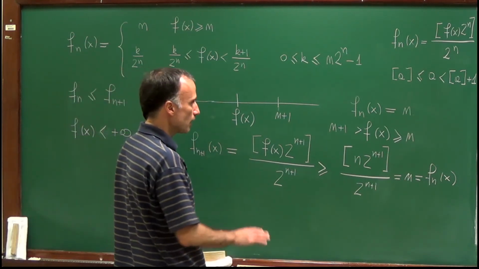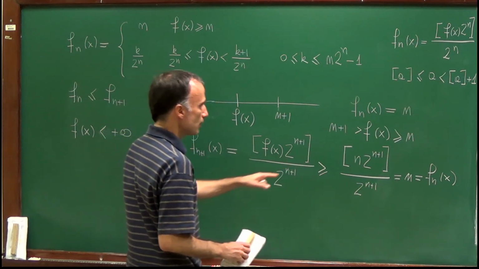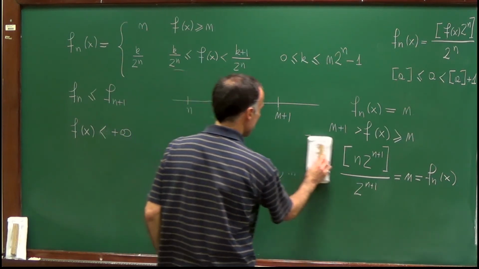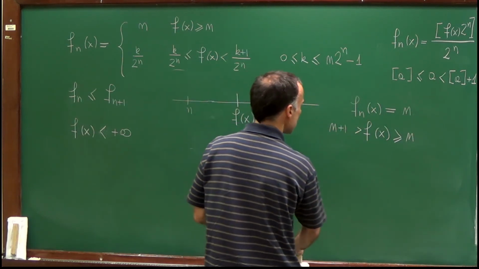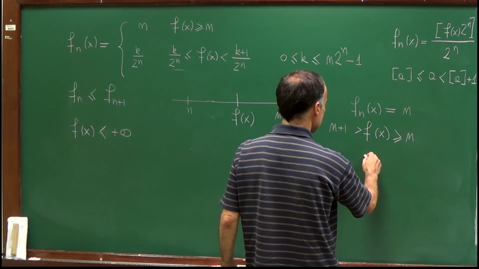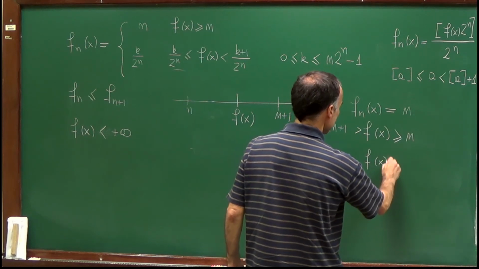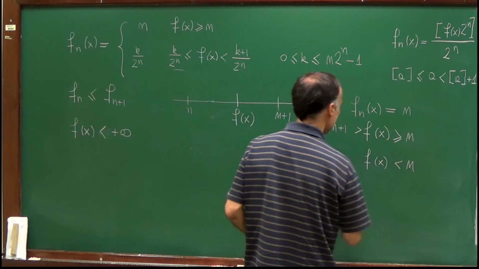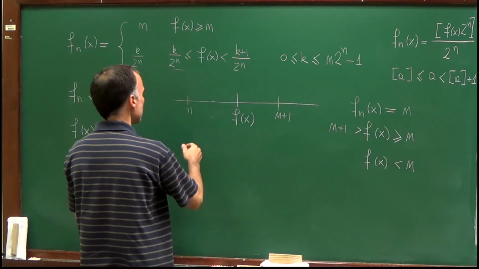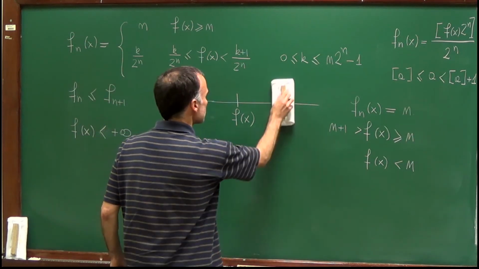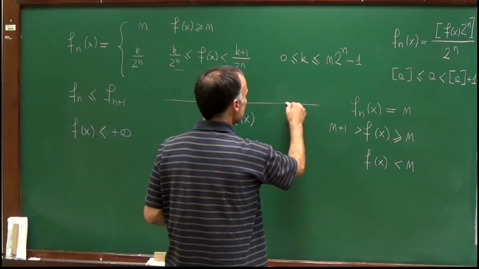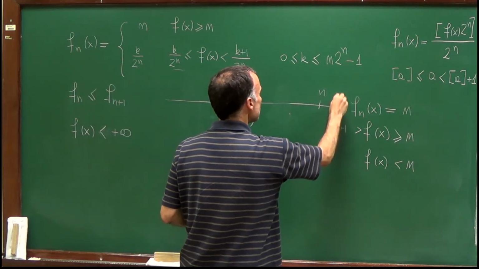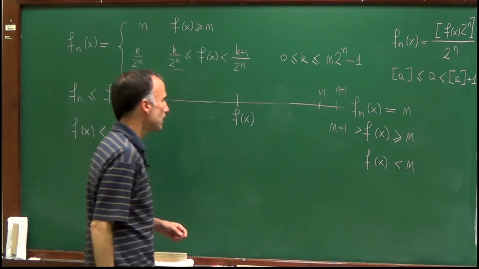So now I will erase that proof and I will concentrate on the case in which f(x) is smaller than n. Right? So now I'm assuming that f(x) is smaller than n, so we are in a situation in which here's n somewhere and here's n plus 1.